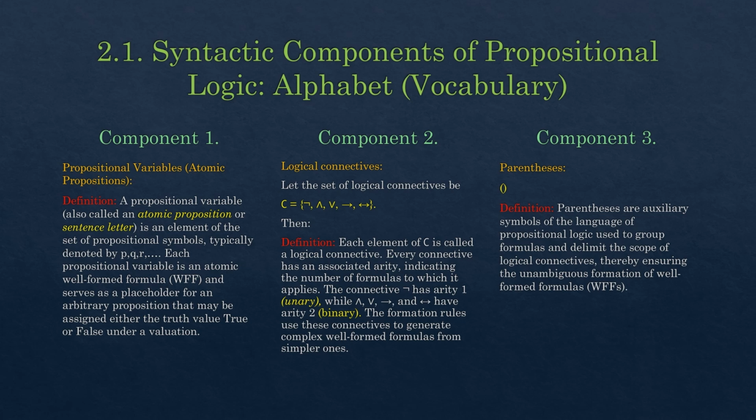A propositional variable, also called an atomic proposition or sentence letter, is an element of the set of propositional symbols, typically denoted by P, Q, R, and so on. Each propositional variable is an atomic well-formed formula and serves as a placeholder for an arbitrary proposition that may be assigned either the truth value true or false under evaluation.